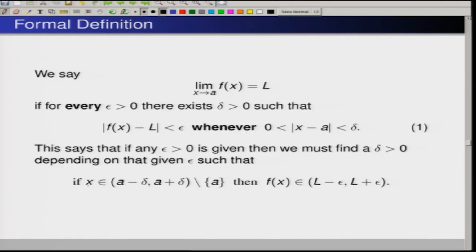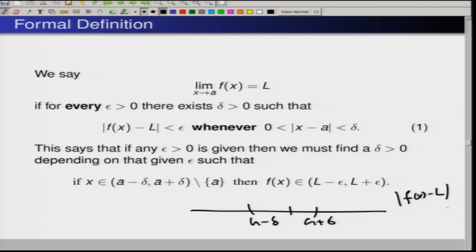Now, if x belongs to the interval from a minus delta to a plus delta, but not a, then f of x must belong to the interval from L minus epsilon to L plus epsilon. That means the absolute value of f of x minus L is less than epsilon, which is nothing but the same statement.